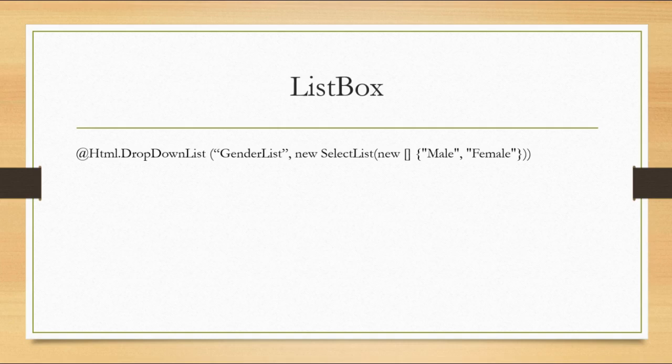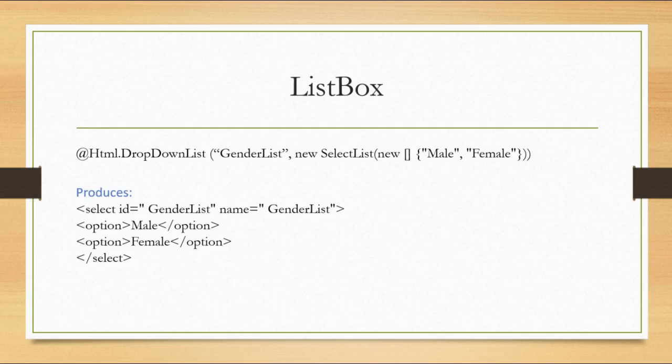It gives us a list, in this case 2 options, male and female. And it produces this. So you see how we have one line of code here that can produce several lines of HTML. So those are some of our generic helpers. There are several others. I'm not going to show you all of them here. These are some of the more common ones that are used.